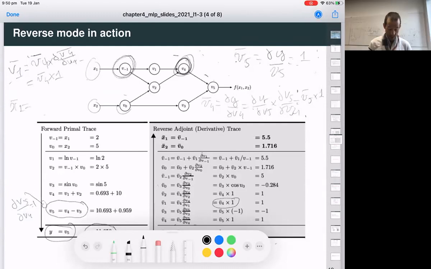You can see that x1 bar is V minus 1 bar, which is the derivative of f that I wanted. So how to get this? You look at the parents, so it's V1 and V2.